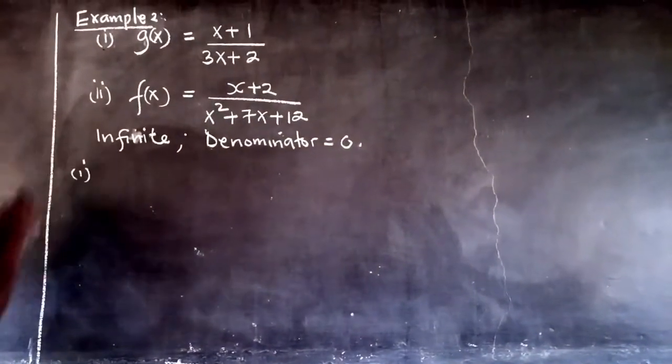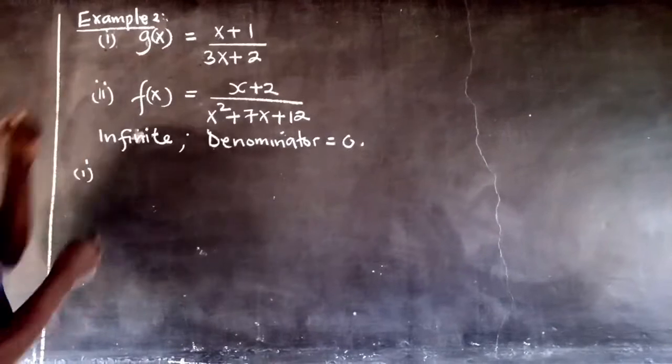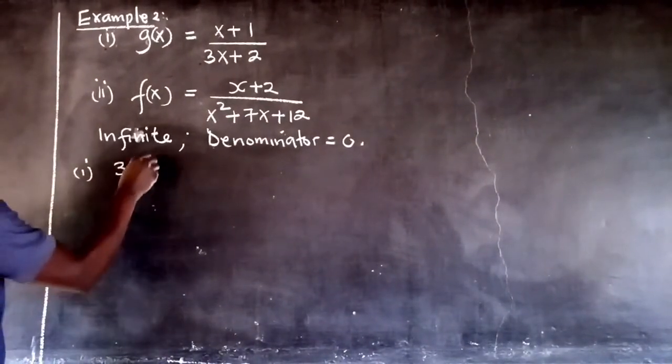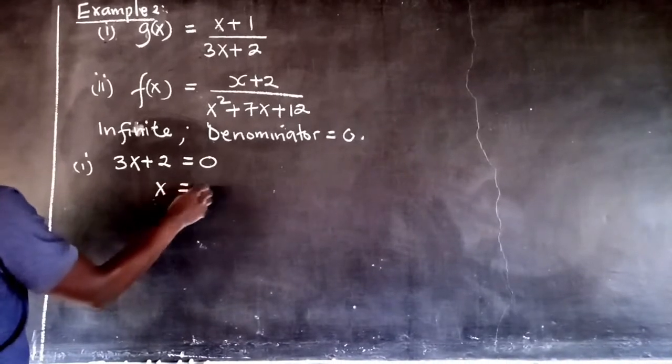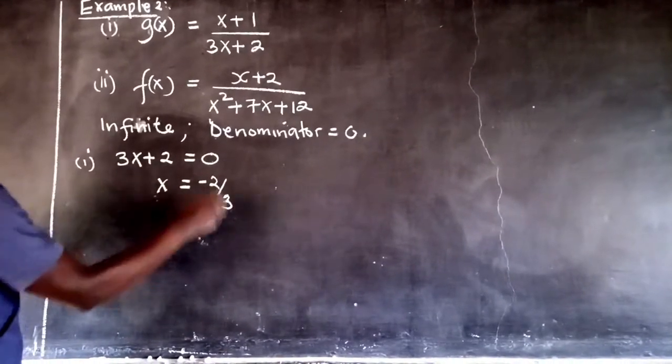So looking at the first part, we shall have 3x plus 2 and equate it to 0, which will give us x as negative 2 over 3.